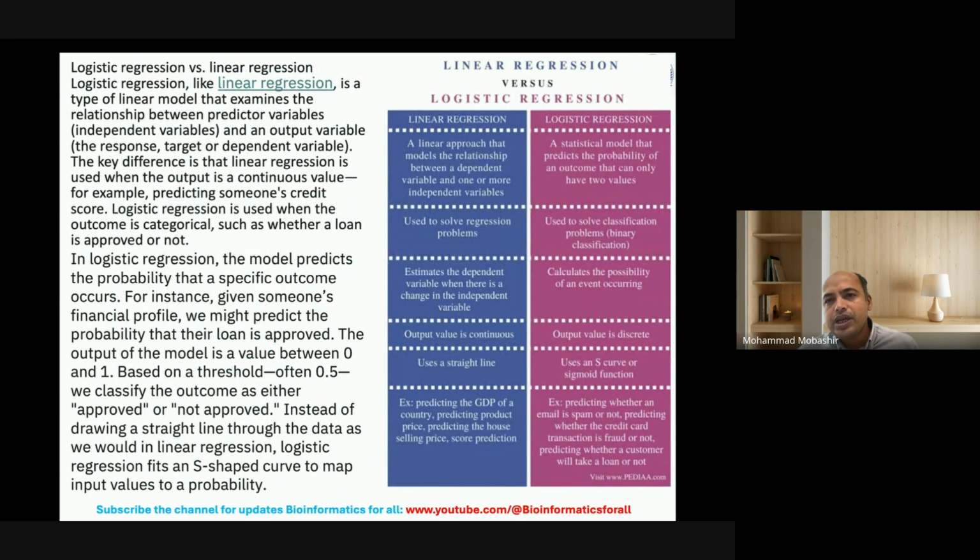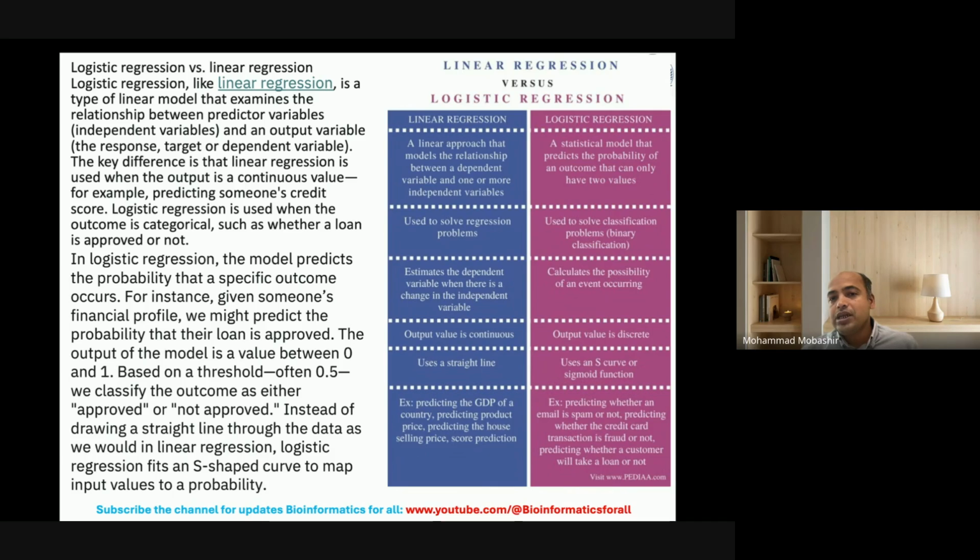Now, if you want to understand the differences between logistic and linear regression, you can easily understand, as I have described it in a well-defined way. Linear and curved lines are one of the main differences. Linear regression is used to solve regression problems, and logistic is used to solve classification issues.